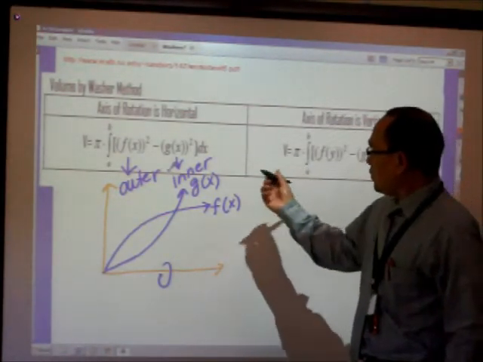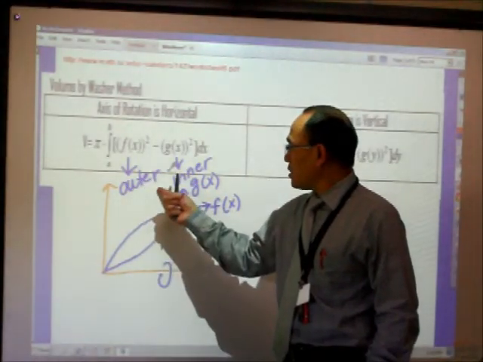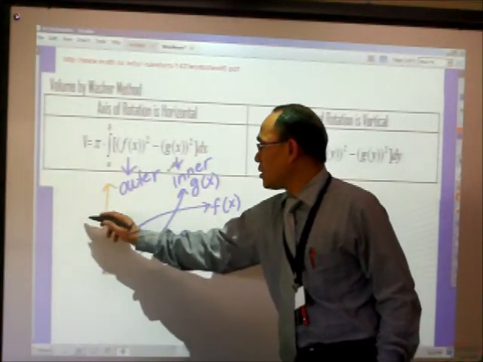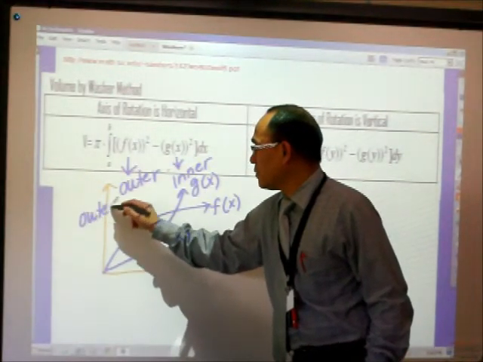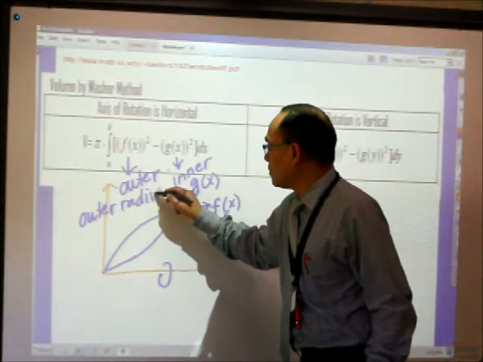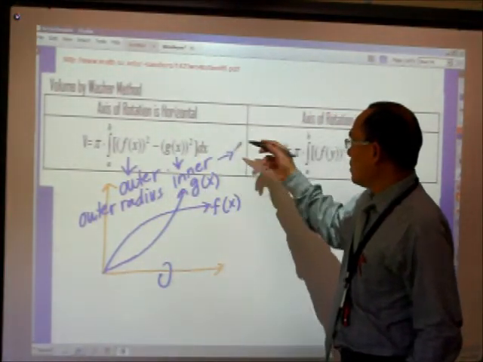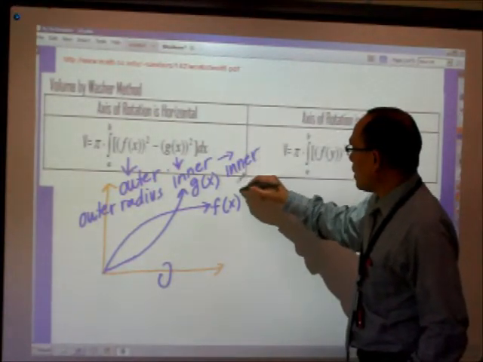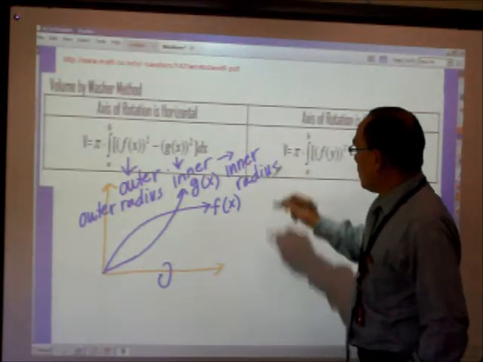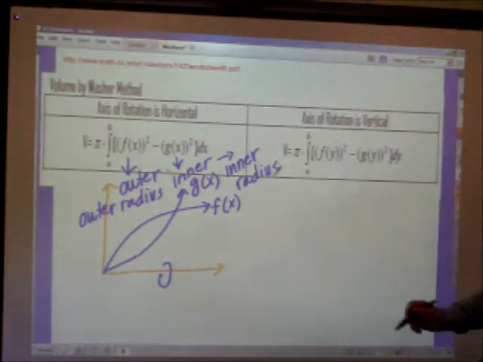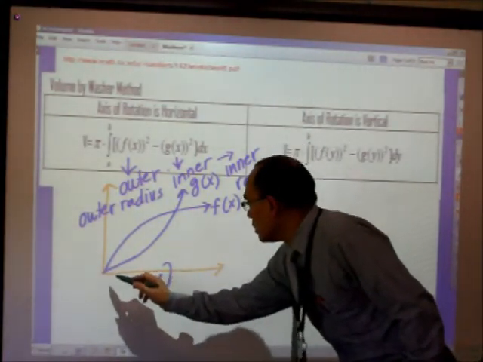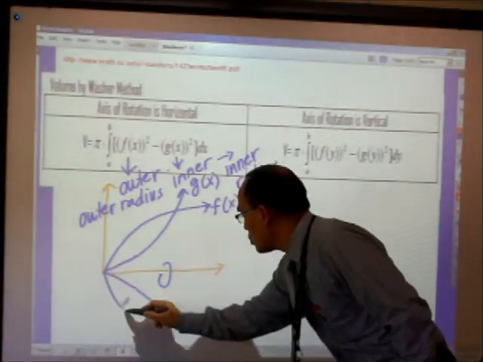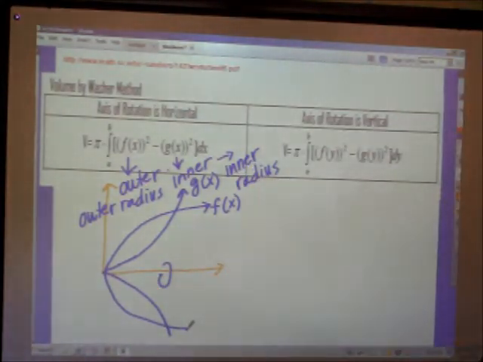And of course, aside from treating this as outer and inner function, we can also say that this one here is the outer radius. And this one here, we can also count as the inner radius. What does it mean? For example, we are going to draw, on the other side here, the reflection of these two curves, like that.